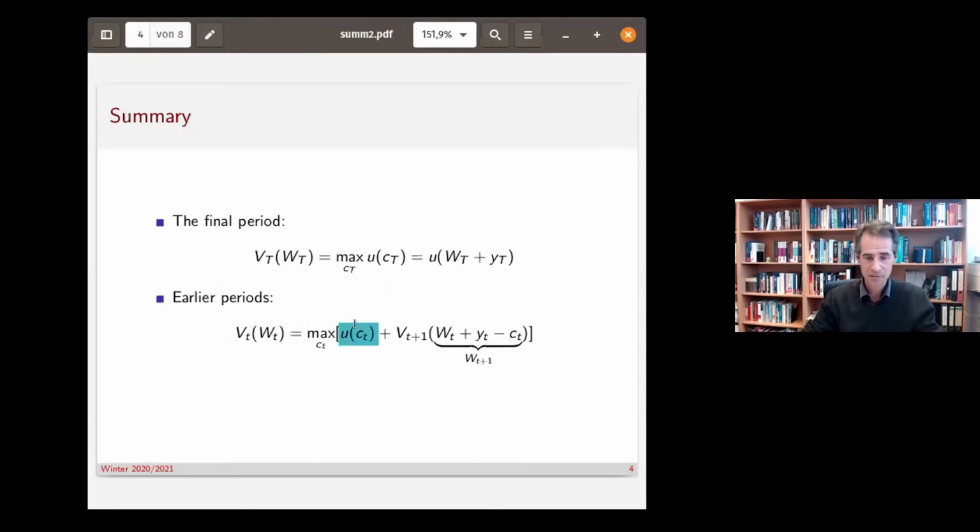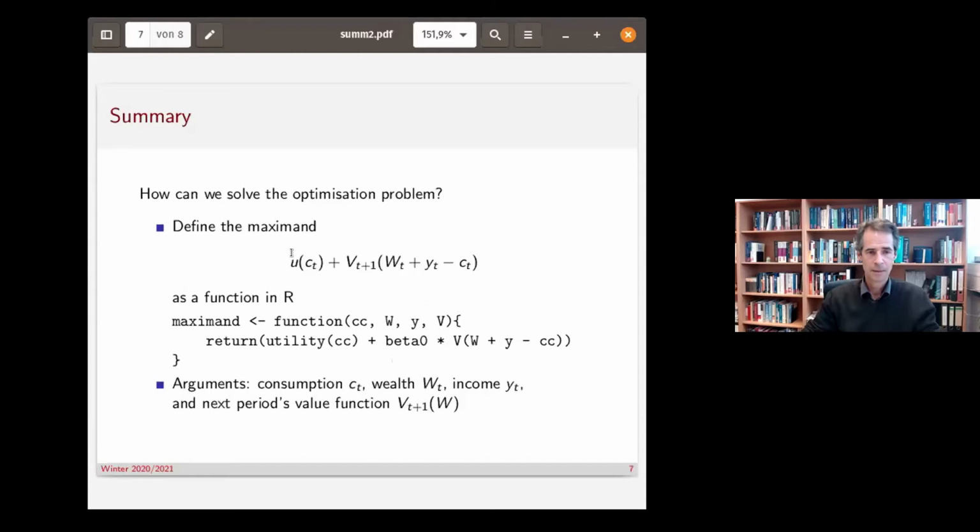And we have to maximize what's inside the square brackets. Let's call that the maximum. This is what's inside the square brackets. And of course, this depends on current consumption, that's our control variable over which we would like to maximize. It also depends on current wealth, which is the argument of the function, so the current grid point we are working on, plus current income, which is known, minus the consumption, which is again the control variable, so that appears twice.